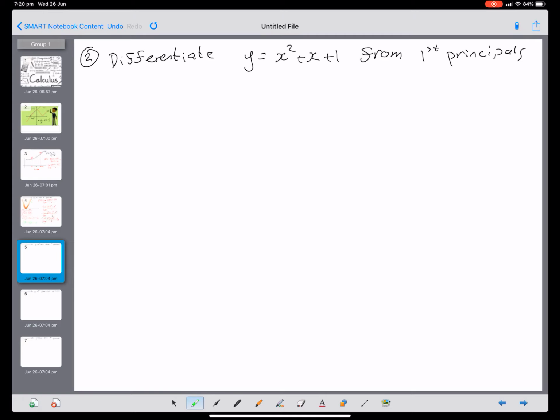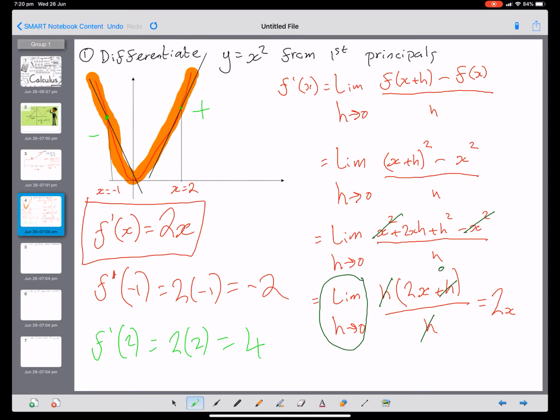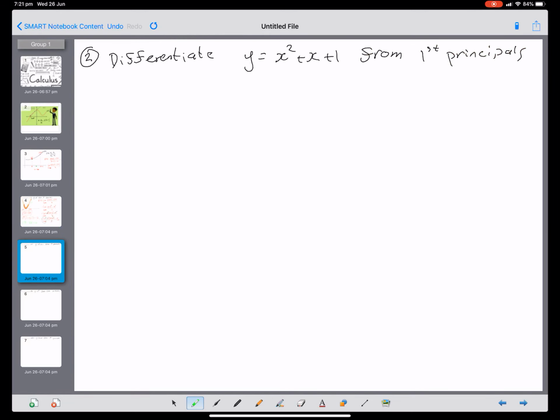y equals x squared plus x plus 1. Okay, so look at the different terminology. We have f of x, which we define as a function, and this is just a graph. Here we have a function. We have our f dash of x as a function, and we're just given a graph here.